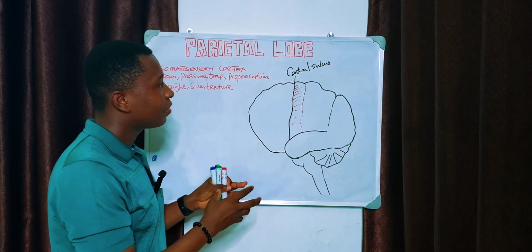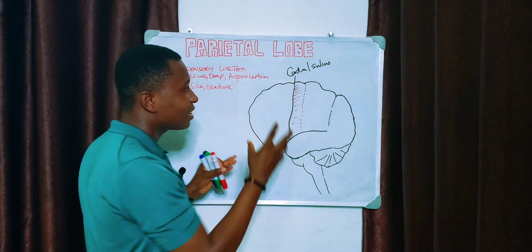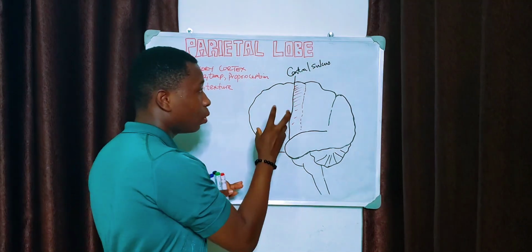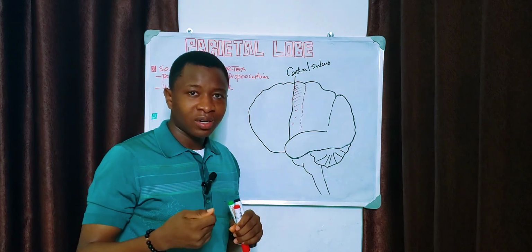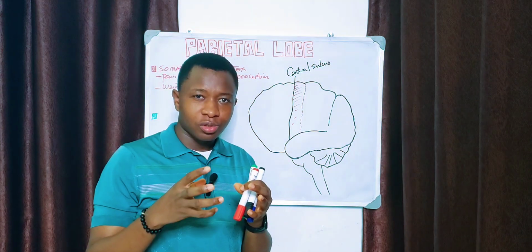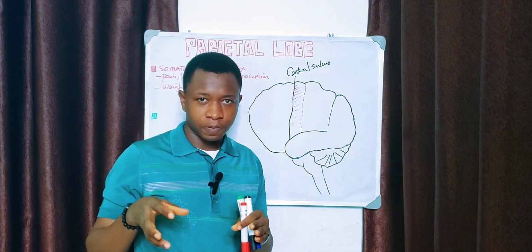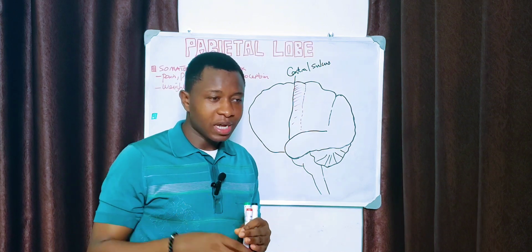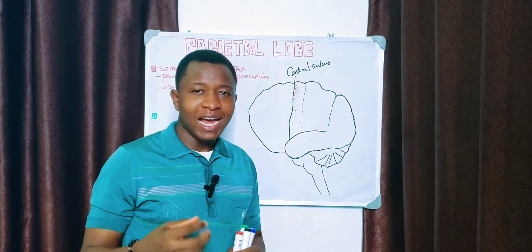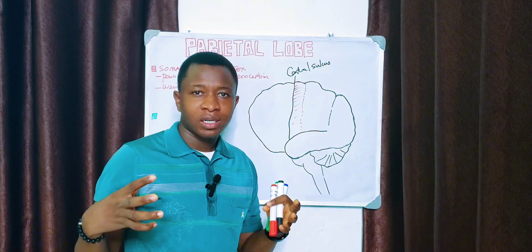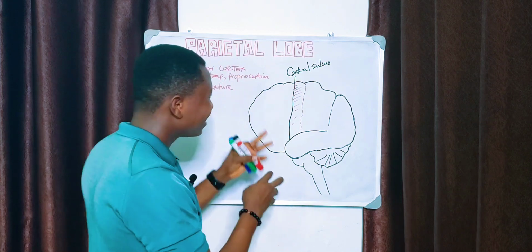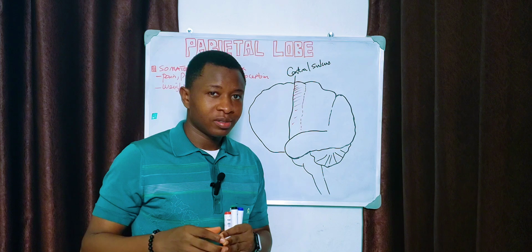Now, before I move forward, it is very important to know that you can have large sections of the parietal lobe designed or built to respond to certain parts of the body. Okay, that means that there are some parts of the body that have a large distribution of sensory neurons.